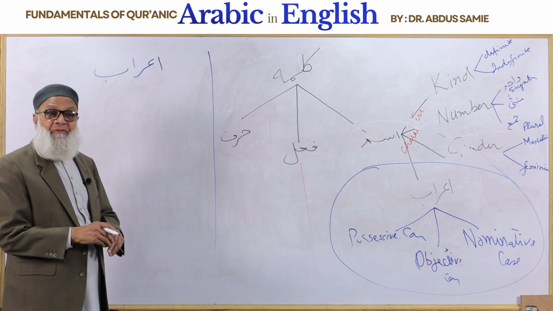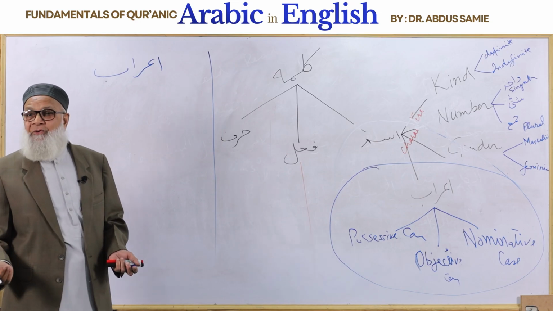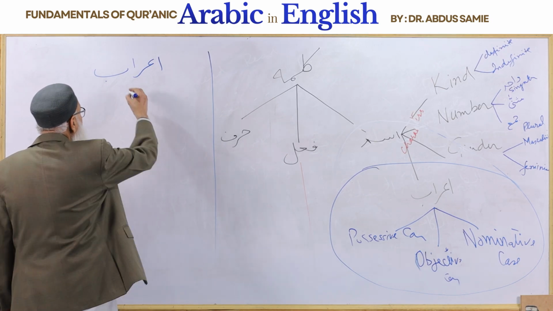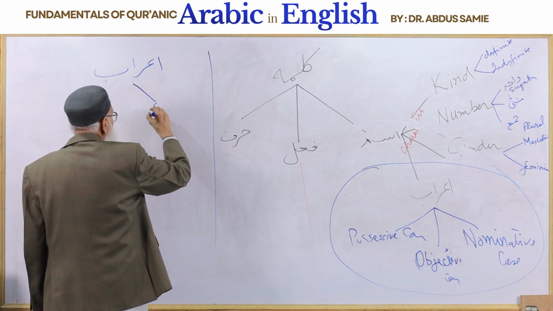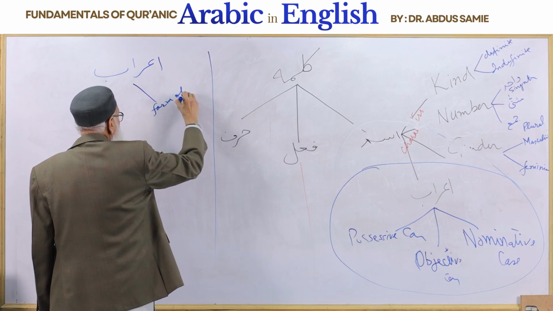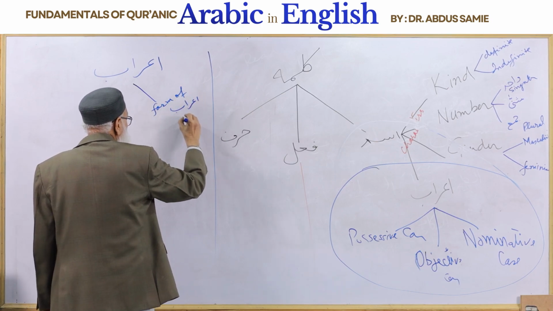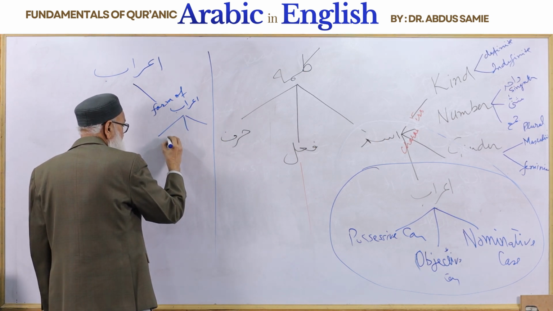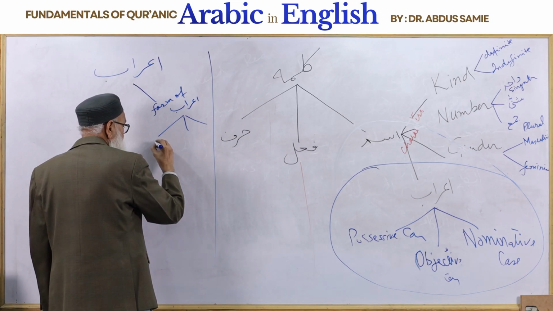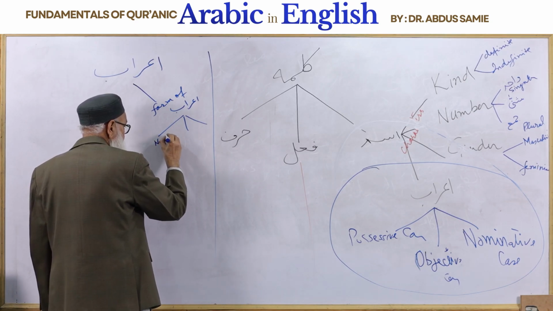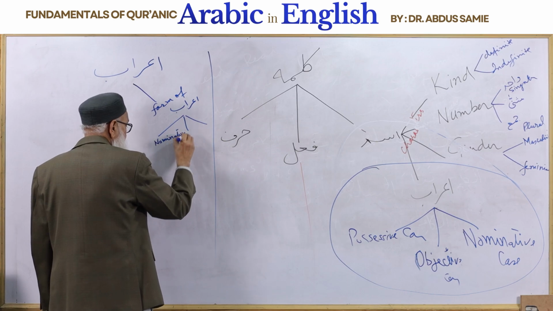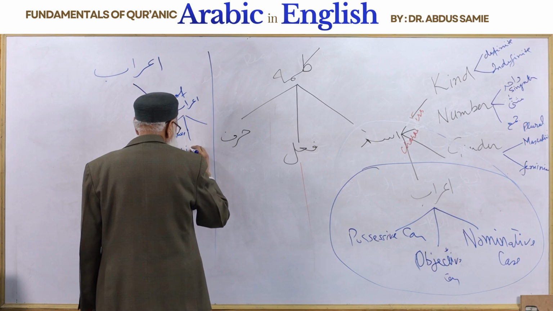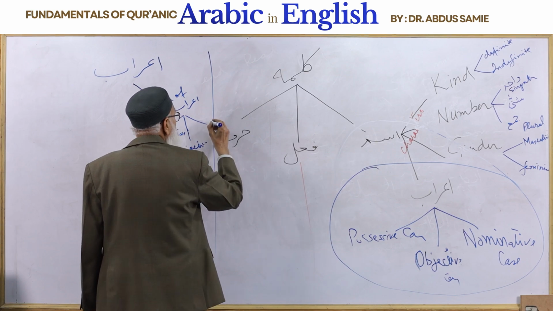I'rab again we will study in four headings. There are four subheadings of i'rab in which we will study i'rab. The first heading is form of i'rab: nominative, objective, or possessive.